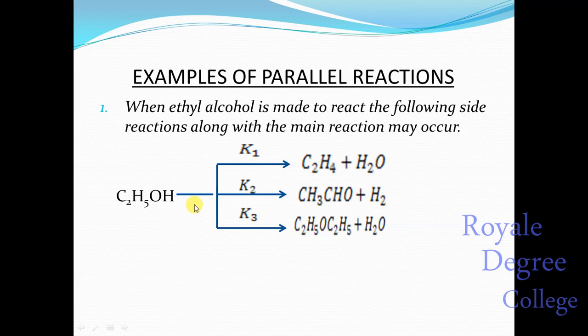And from ethyl alcohol only, at the rate constant K3, we are getting the product diethyl ether and a water molecule. So these two reactions we can say are considered parallel reactions, and the first reaction will be the main reaction, where we are getting the main product.